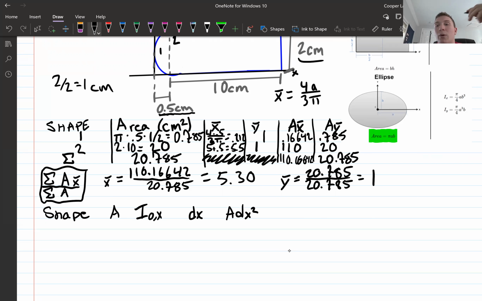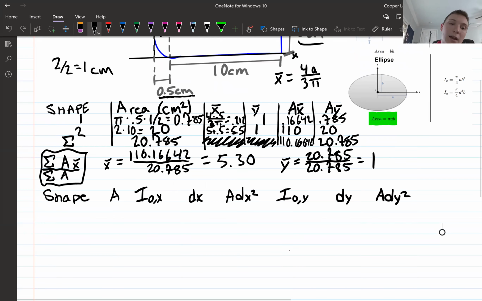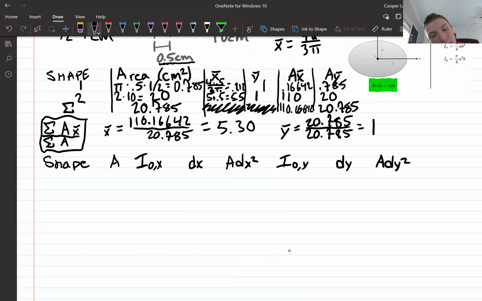Now we're going to do something similar for y. We're going to do I sub 0y. We're then going to grab dy, and then we're going to grab a of dy squared. Now we're just going to split this up.